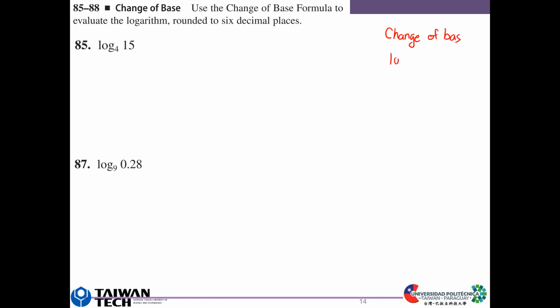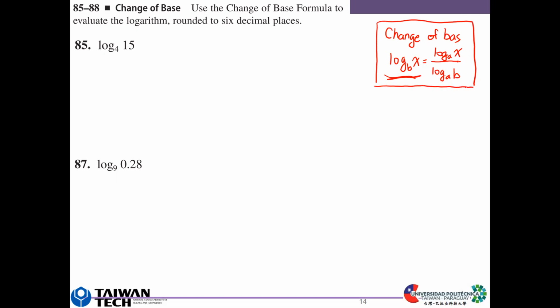If this is log, this is b, this is x, we can change it to base a. So log a x divided by log a b. We can convert base b to base a. So you need to memorize this.